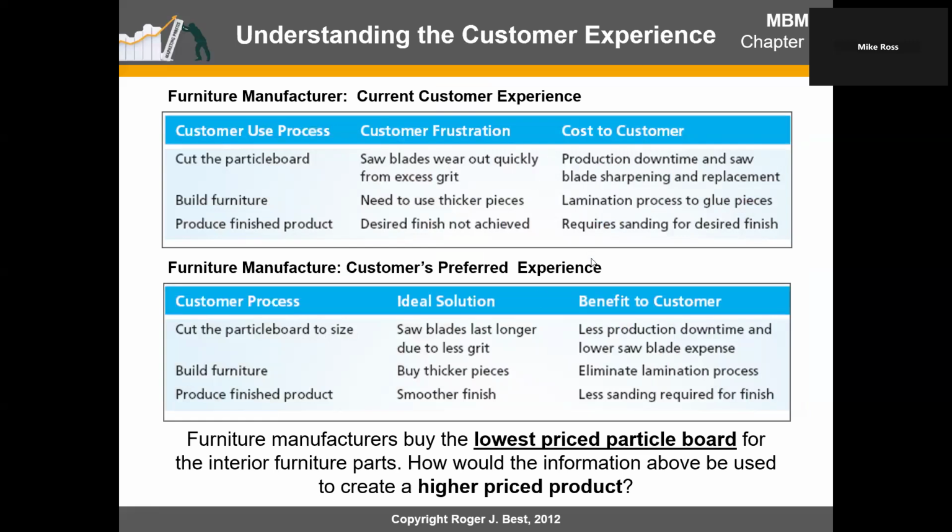So, looking at another example here of understanding the customer experience, a compare and contrast here is a current customer experience for a furniture manufacturer. What's the use process? What was the frustration? And then what's the cost, production, and downtime?